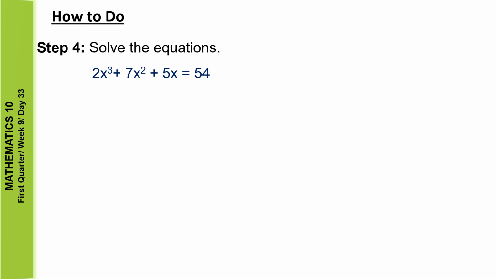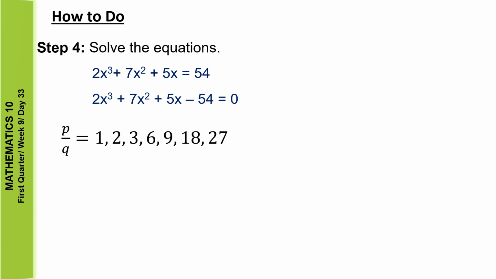The possible rational roots are represented by P over Q, where P here is equal to 54 and Q is equal to 2. So the possible roots are 1, 2, 3, 6, 9, 18, and 27.